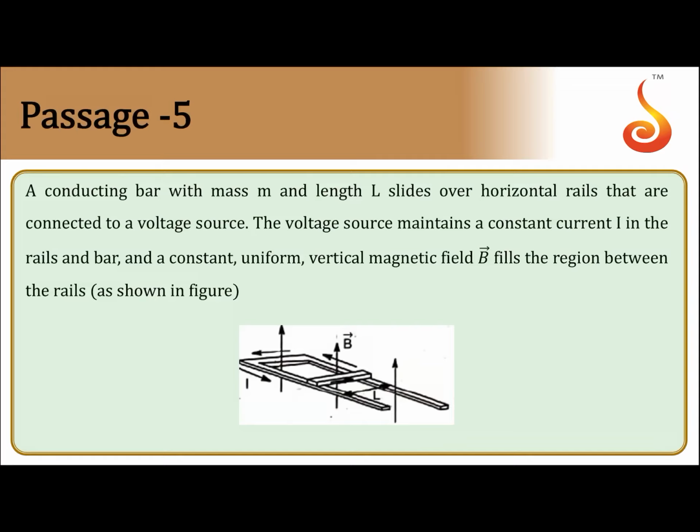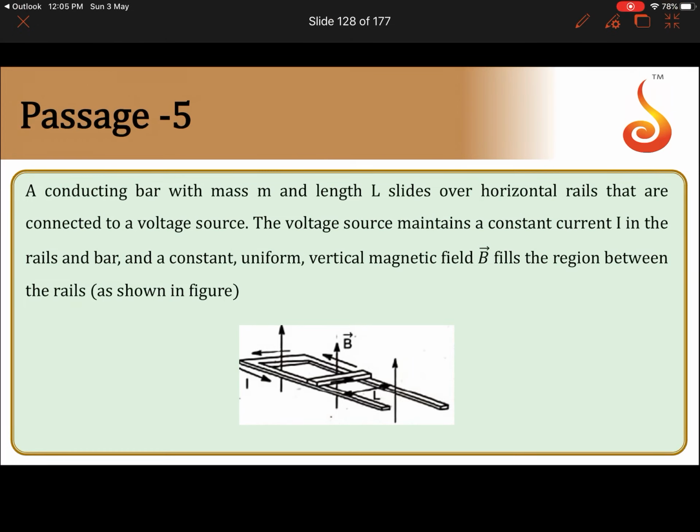Question is, a conducting bar with mass m and length L slides over horizontal rails that are connected to a voltage source. The voltage source maintains a constant current I in the rails and bar, and a constant uniform vertical magnetic field B fills the region between the rails.